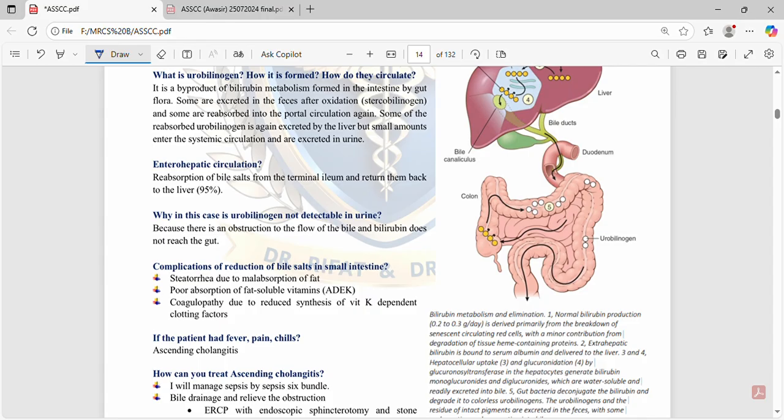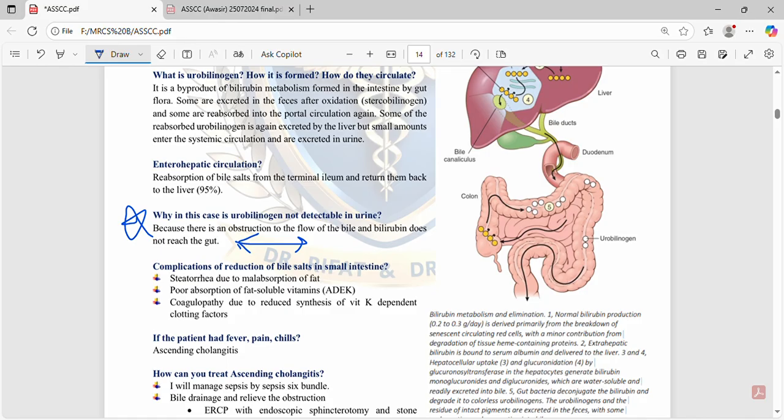Okay, from this question I will tell you some other points as well. If you do a resection of the terminal ileum, what will happen? There will be reduced enterohepatic circulation of the bile salts. Bile salts help in the solubilization of cholesterol.